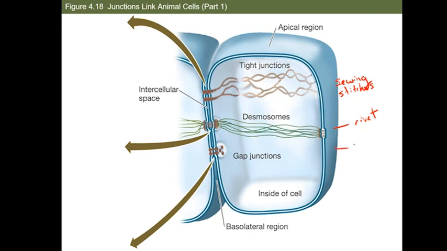And then gap junctions are just tubes, which still keep it together. But stuff can go through here, stuff can go through here, but it gets stopped there. It's a wall. And this is the basolateral region, which you don't need to remember.